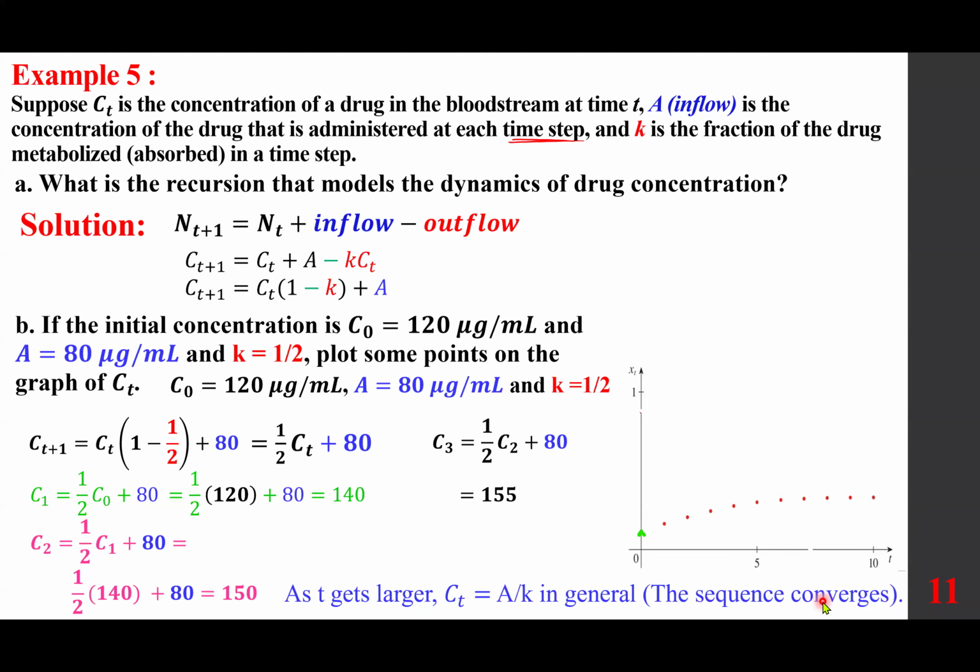The sequence converges. A divided by K, 80 divided by 1/2, becomes 160. And this is the horizontal asymptote, A over K, 160. Okay, I'm going to quickly look at the proof. You're not responsible for the proof yet, but we will make some sense out of this afterwards.